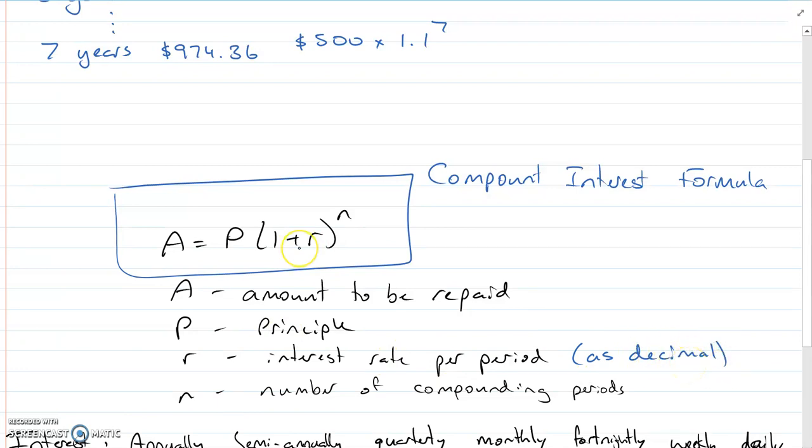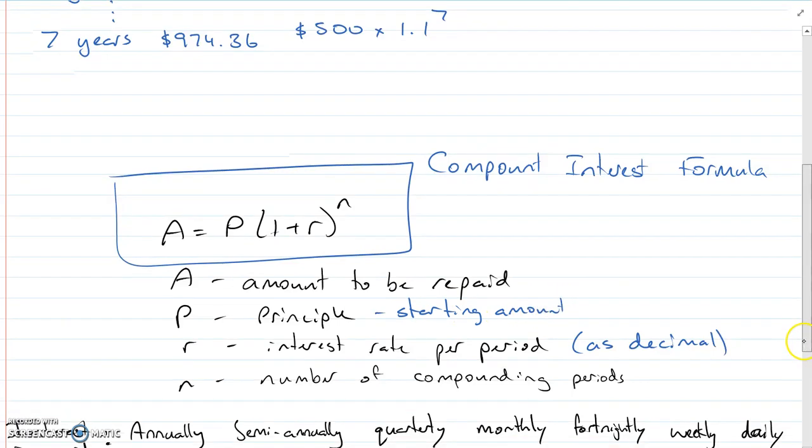We had 10% interest in the example, that was 0.1, so that's how we ended up with 1.1. This is the 1 plus R. P, again, is the principal starting amount. A is the amount to be repaid, or what it's worth at the end. And N is the number of compounding periods.